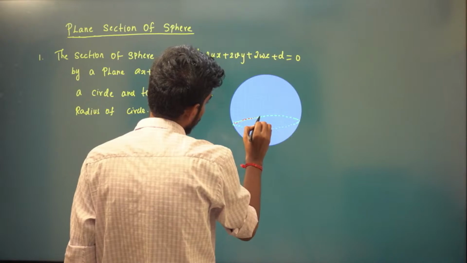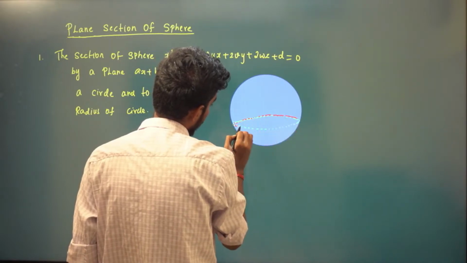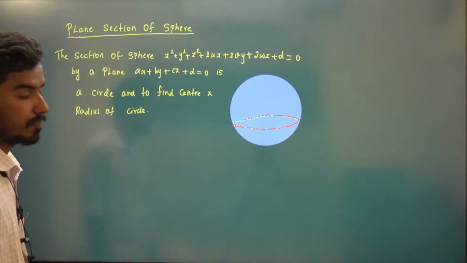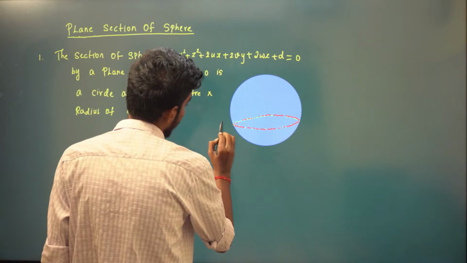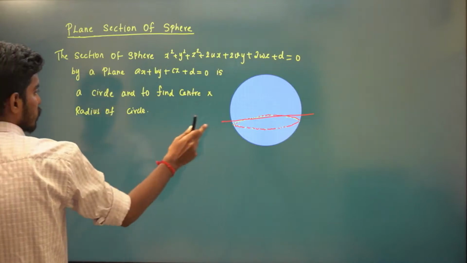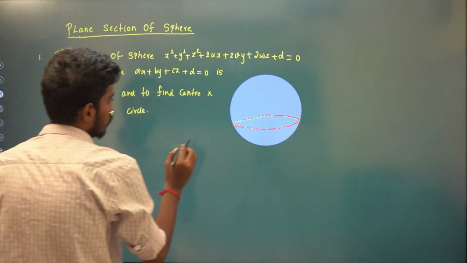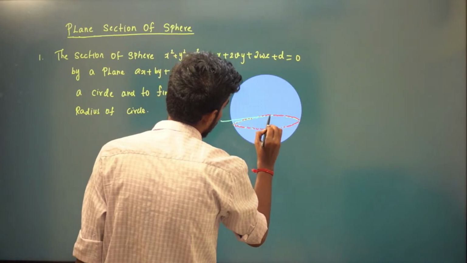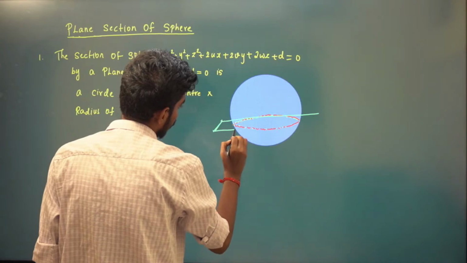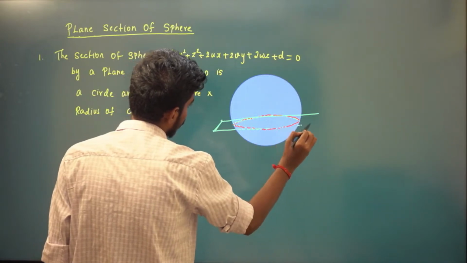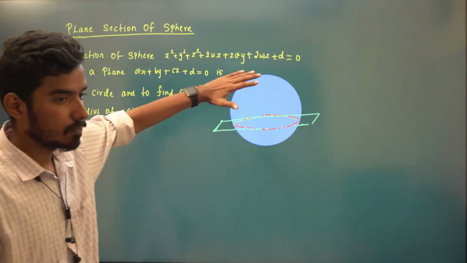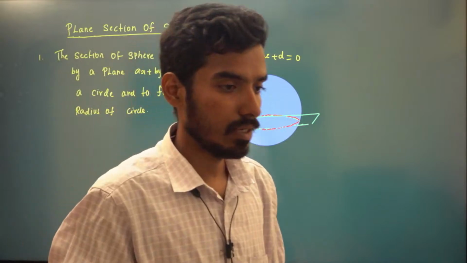This is a circle, so it will form a circle if we section the sphere by a plane.